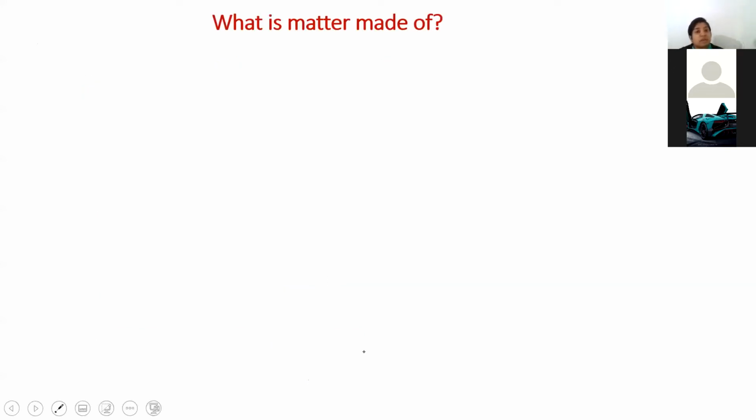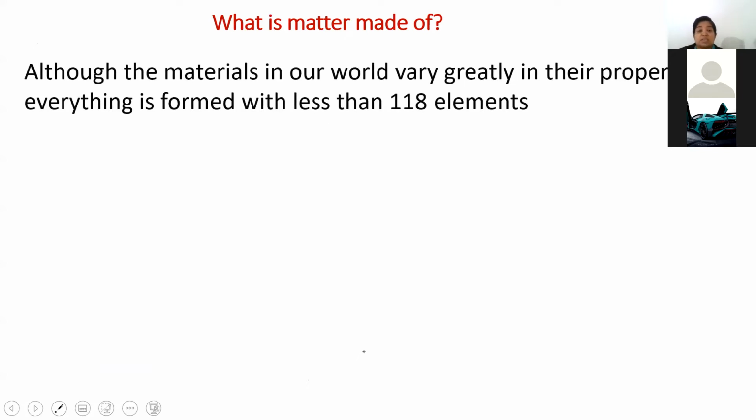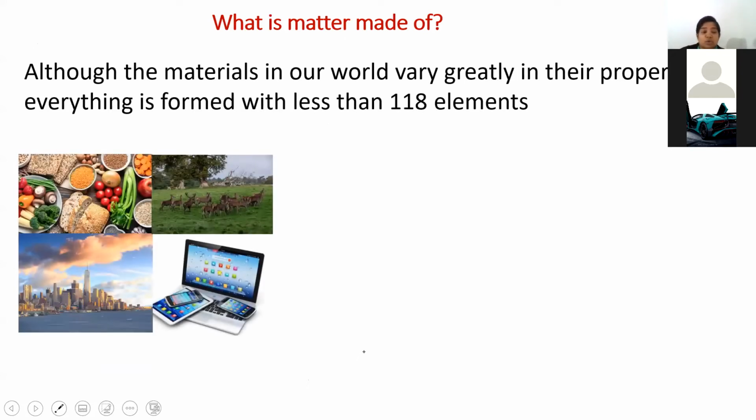If you really think about what matter is made out of, it is elements. There is a huge diversity around us in matter. For example, here you can see we have solid stuff, we have liquids like the river you see here, and we have gases like the clouds here, and we have animate and inanimate things.